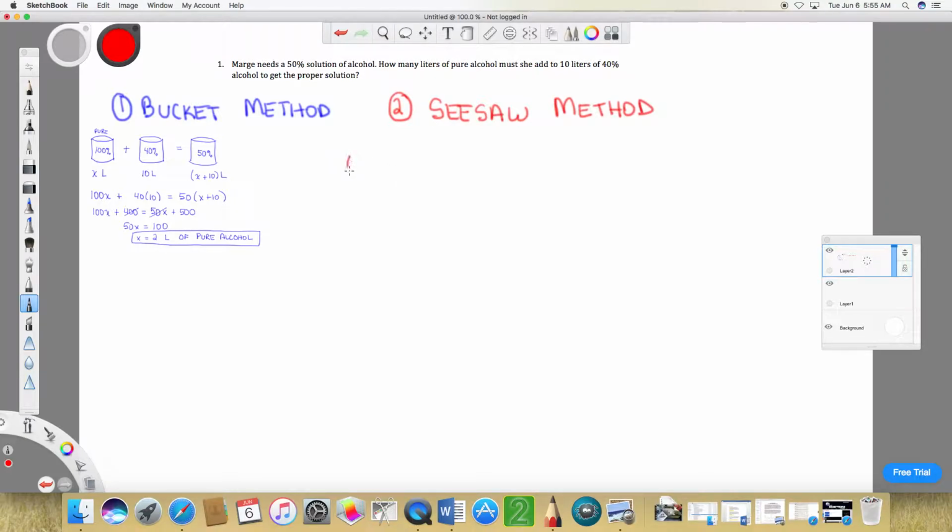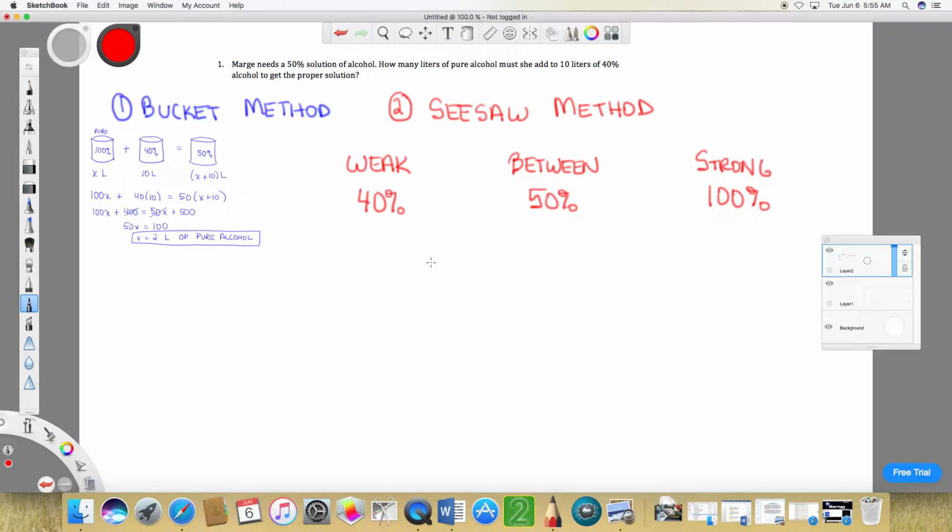So let's call this end of our seesaw the weak solution, and in the middle, our fulcrum, is the concentration that's between the weak and the strong. In this problem, the weak is 40%, the in-between is 50%, and the strong is the pure alcohol, 100%.